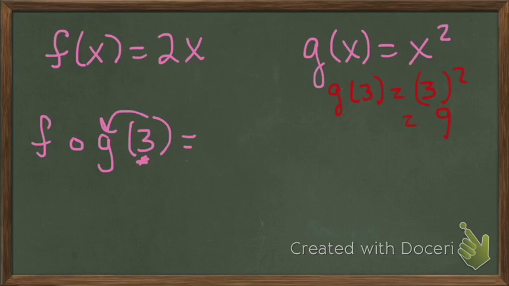Now we're going to put 9 inside of f. Again, you go backwards. You put 3 into g, so that's step 1. And then whatever that answer is, you put it into the very last, furthest left function.